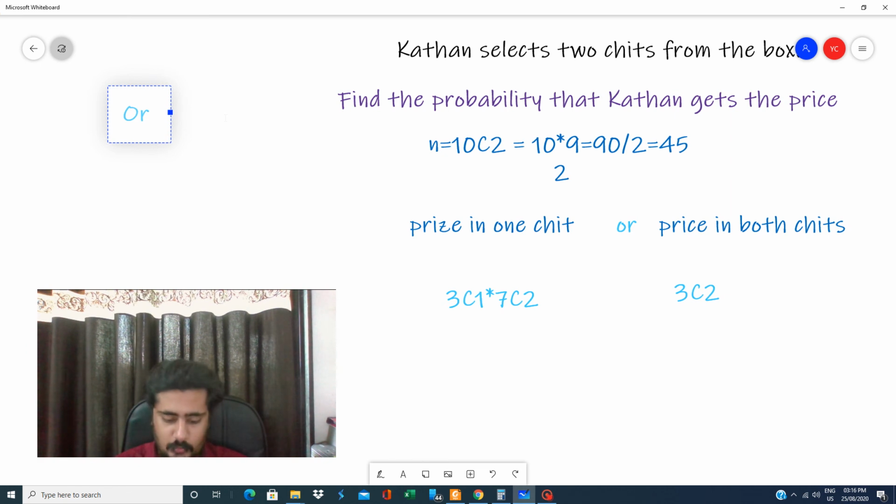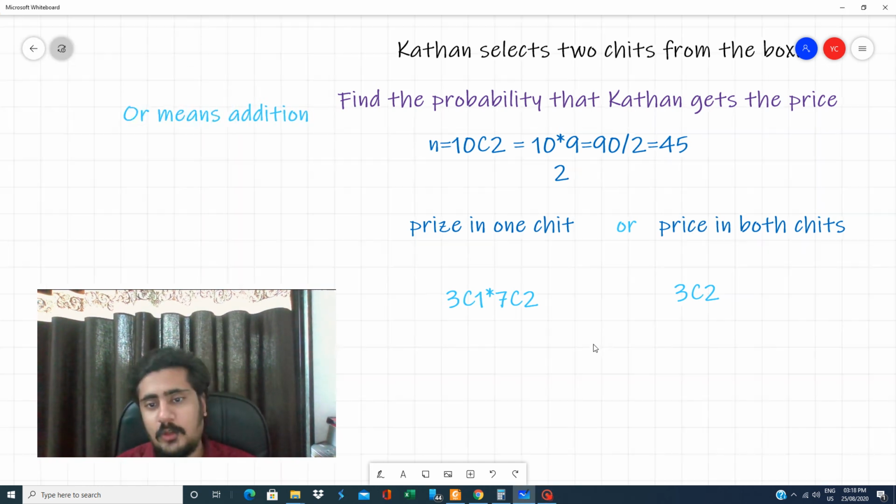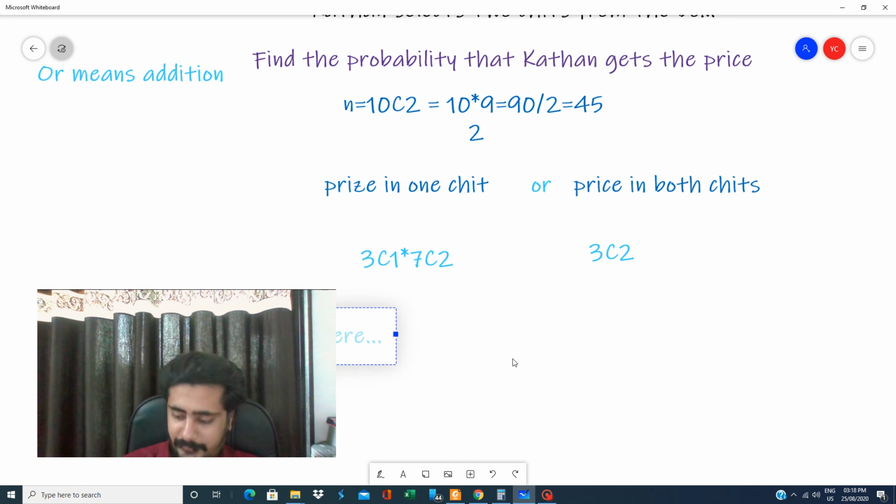So or means addition. Okay, or means addition.